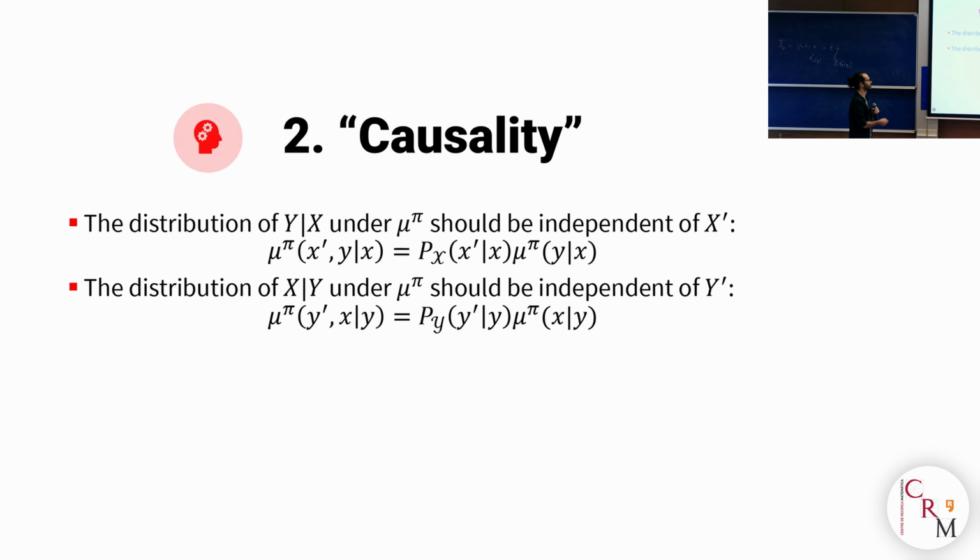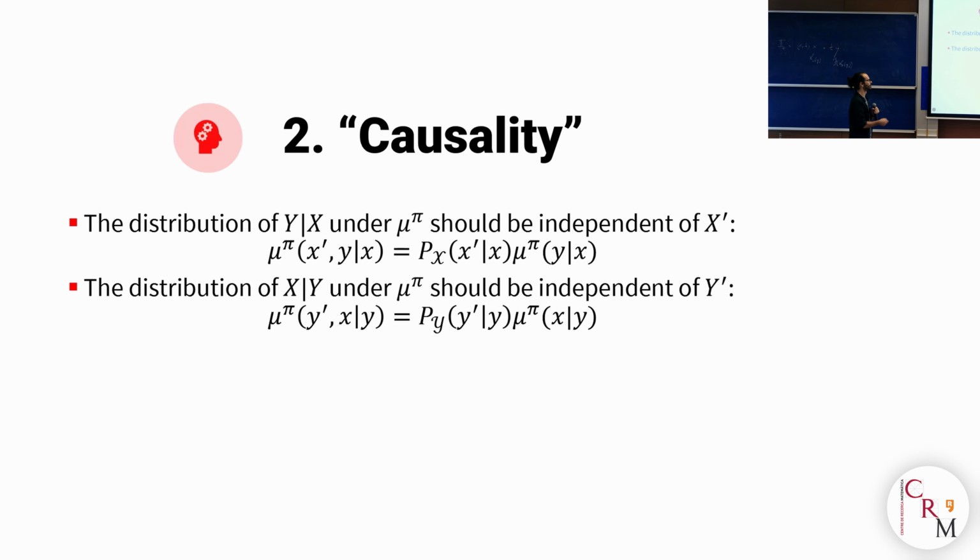So if I condition on x, then this distribution can be written as a product of the transition kernel multiplied by this distribution mu x, mu y given x, and the same holds for the opposite as well. So this is the so-called causality property because it means that these distributions are independent of what y prime is. That I'm not allowed to use y prime as I'm coupling together x prime with y.